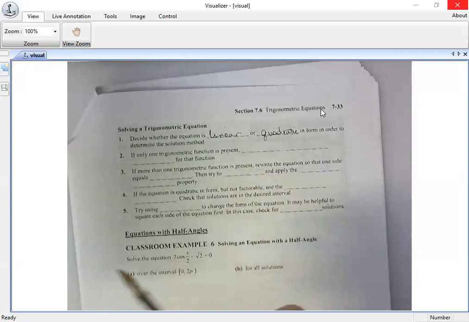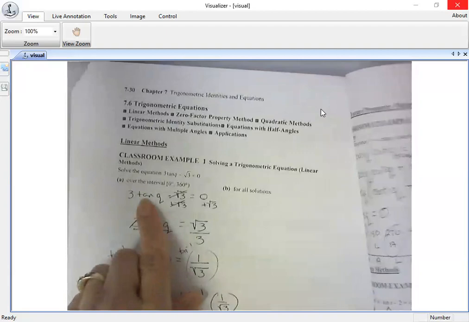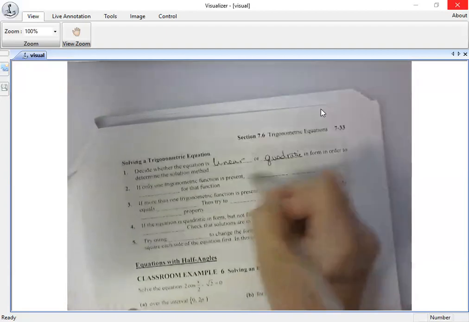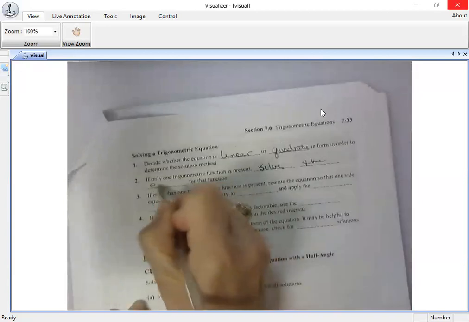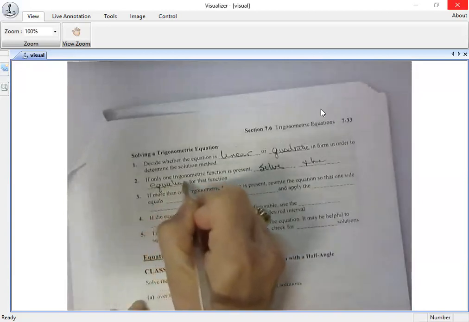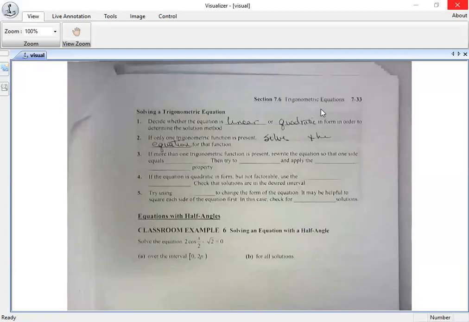Now, if only one trig function is present, in other words, if I only see one trig function with everything else, like this first one was, then what I'm going to do is solve the equation for that function. In other words, we isolated until we had tangent of angle Q equals and everything else was on the other side.